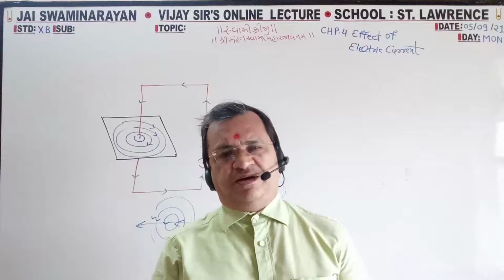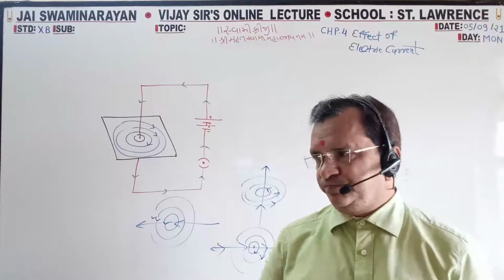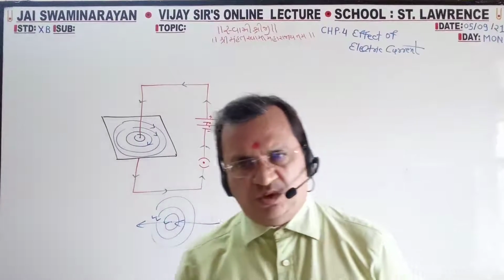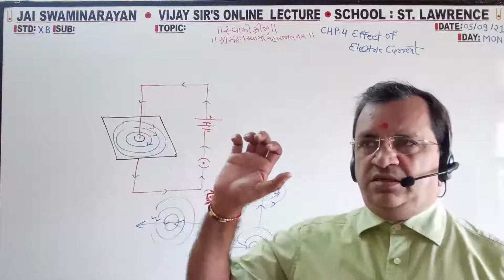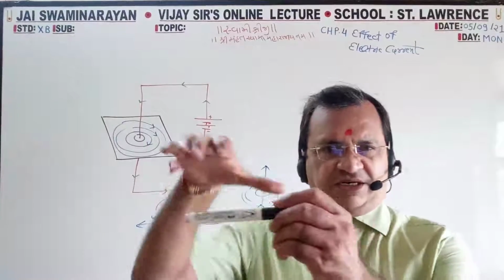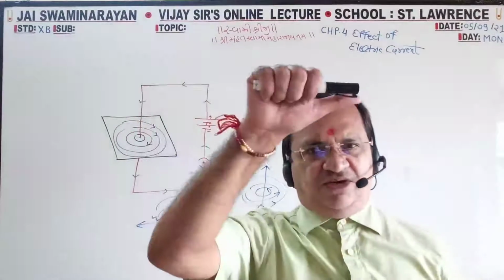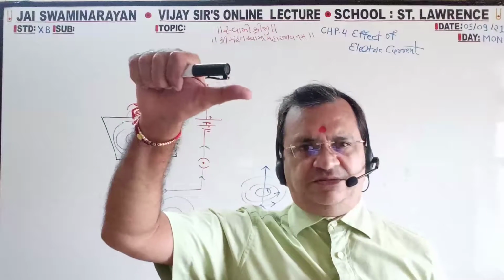How will you write the right hand thumb rule? If we catch the conducting wire, this is a conducting wire I am catching. This point is the direction of electric current.